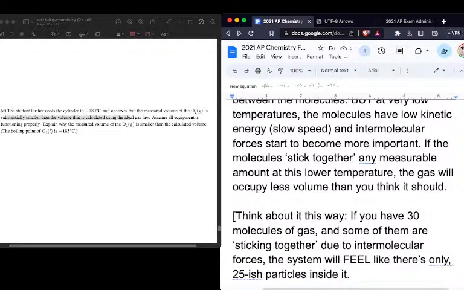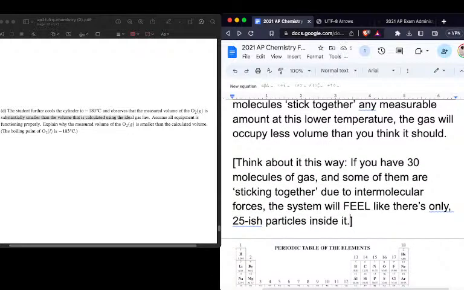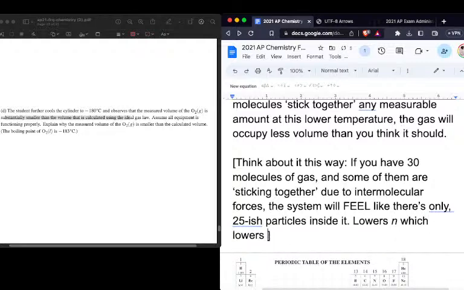I'm trying to say, if there's 30 O2s, but then some of them are sticking together because of intermolecular forces, you might as well treat those two that are sticking together as one, and so it's going to feel like you have slightly less particles in it. That lowers your N, your number of moles, which lowers V as well. Nice, nice, nice.